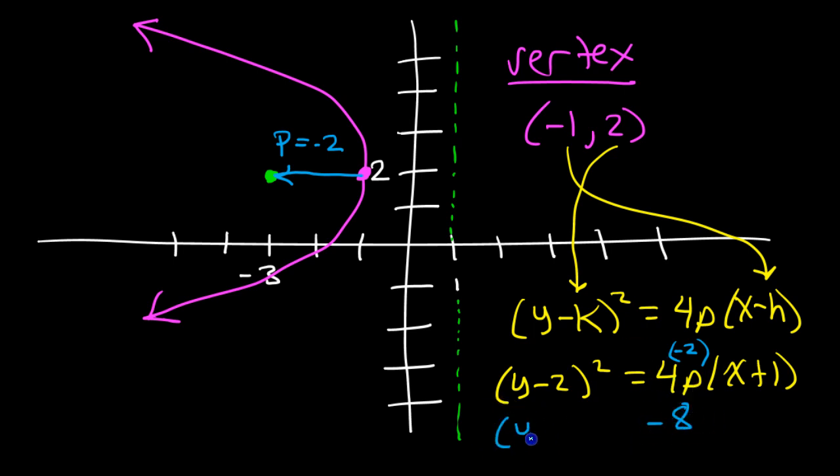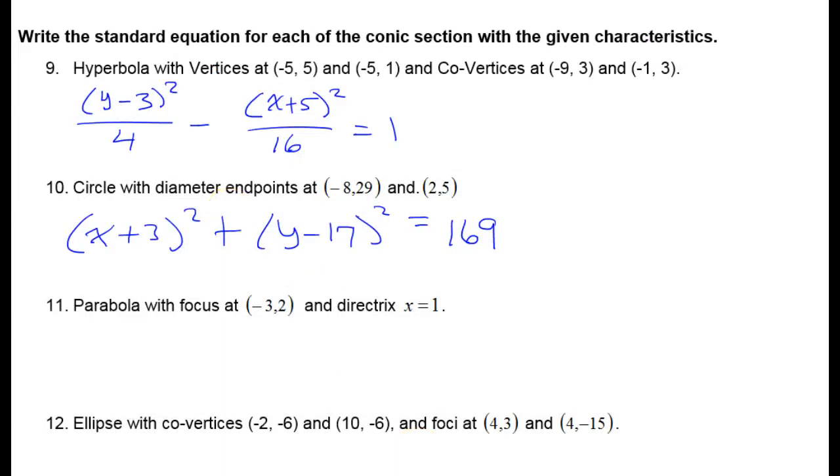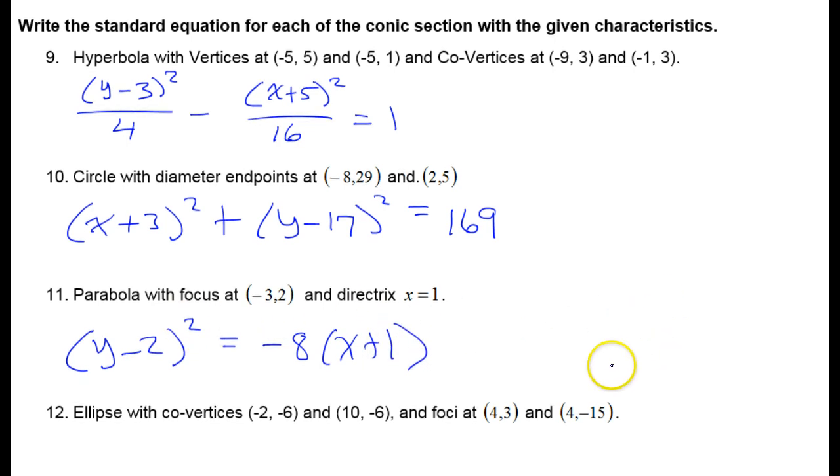So that gives us the final answer. Y minus 2 squared is equal to -8 times x plus 1. So that's it. Standard form equation of the parabola.